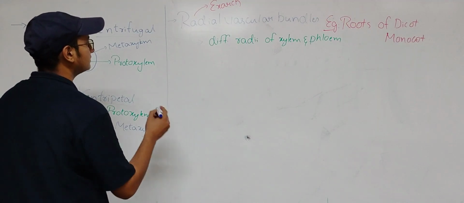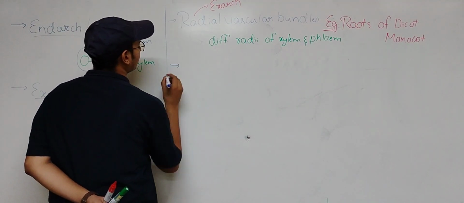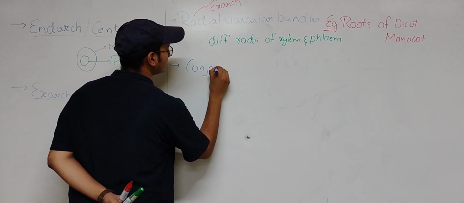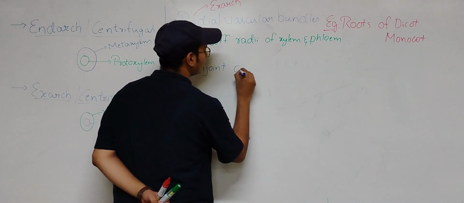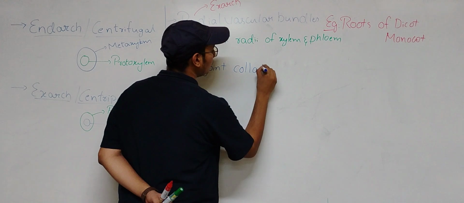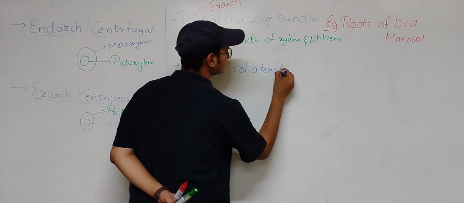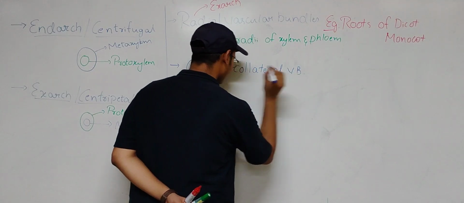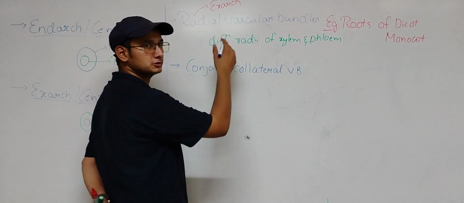The next condition is known as conjoint collateral vascular bundles. So this is exactly opposite to this.